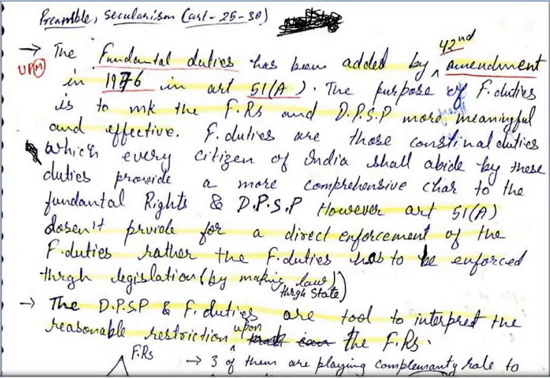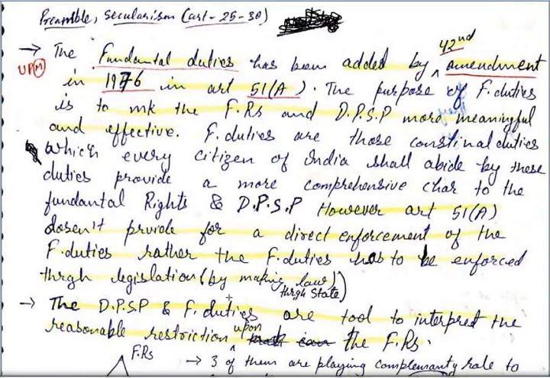These duties provide a more comprehensive character to the fundamental rights and DPSP. However, Article 51A does not provide for direct enforcement of the fundamental duties. Rather, the fundamental duties have to be enforced through legislation, by making law through the State.